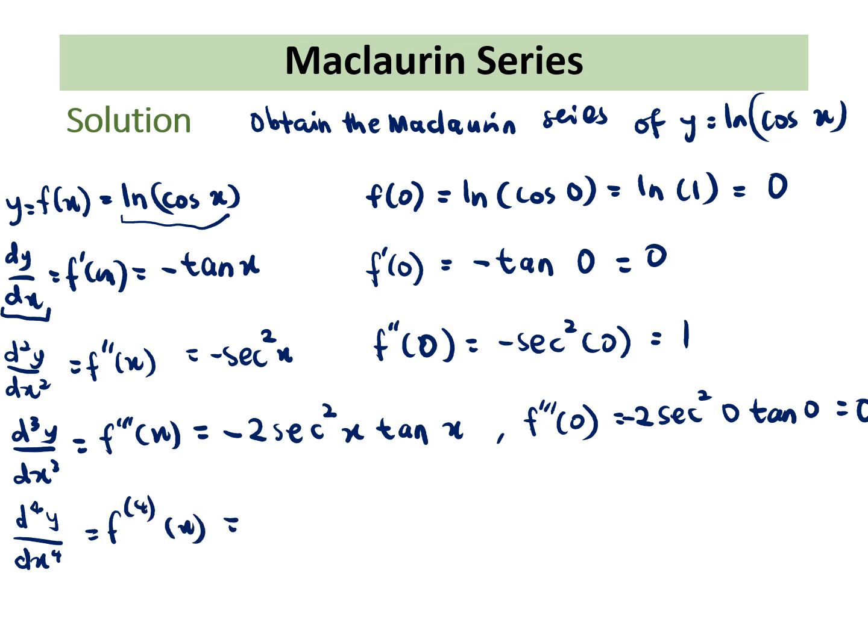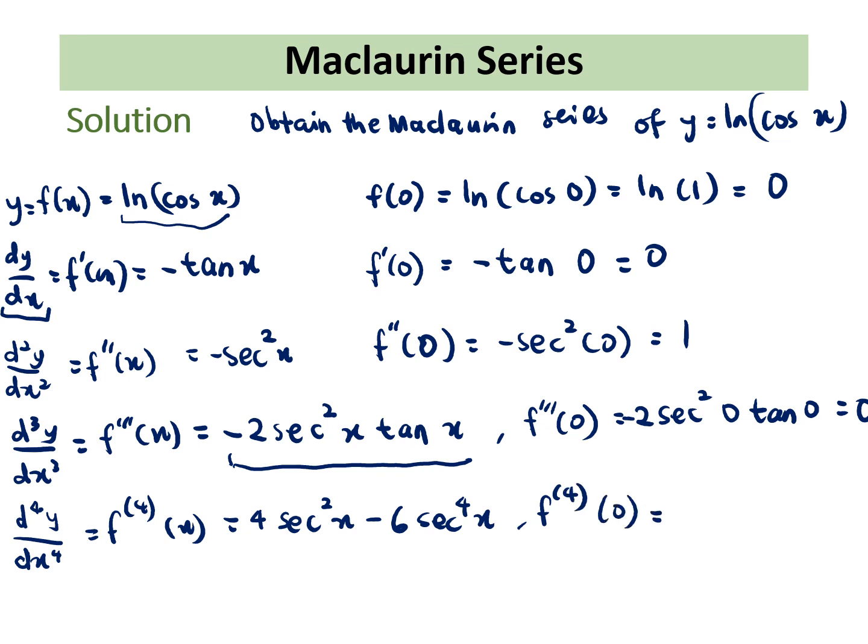In order to find the derivative of this function, we need to use the product rule. You can try this, and the final answer should be in this form. So our fourth derivative when x equals 0 is negative 2. Why do I have to find up to the fourth derivative?